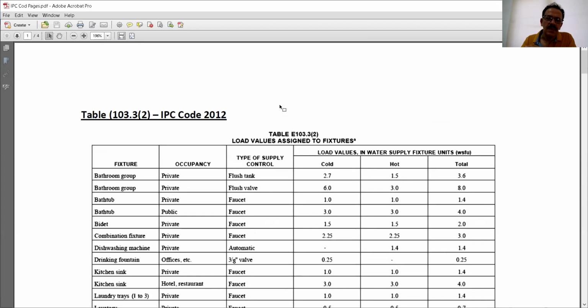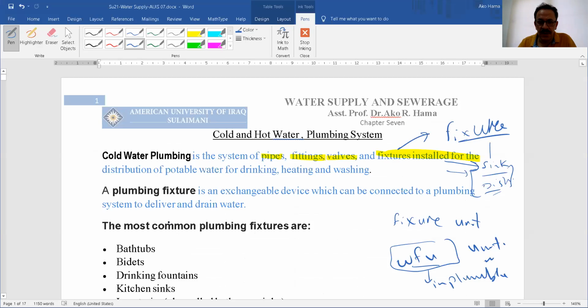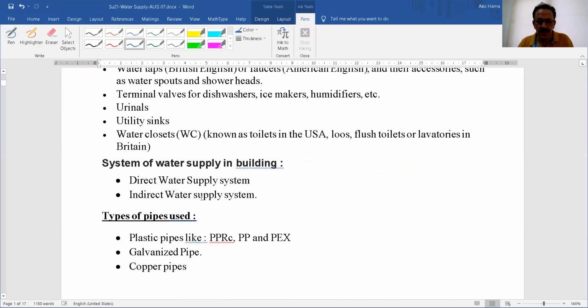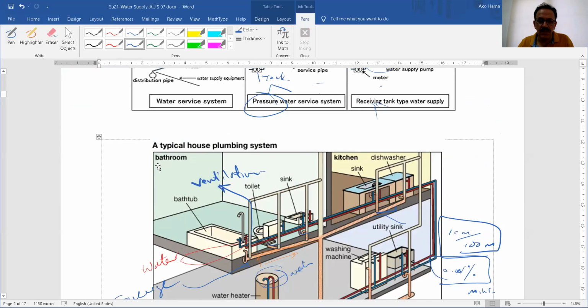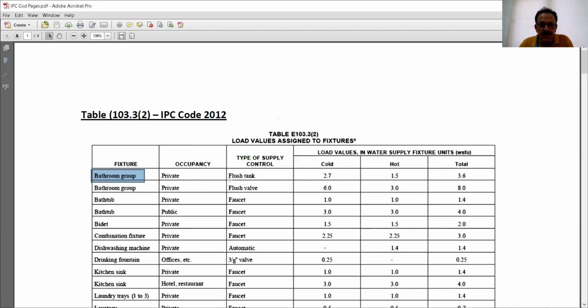This one. There are types of fixtures that we have. For example, if you have a bathroom group, it means an overall group, which means this. Here's the bathroom group. This is called a bathroom group. We have a bathtub, toilet, sink. And here this is private, meaning private, personal occupancy.